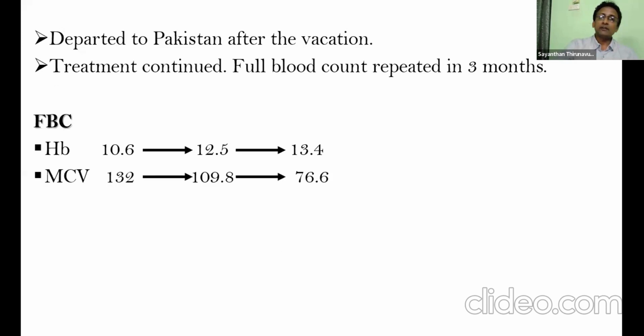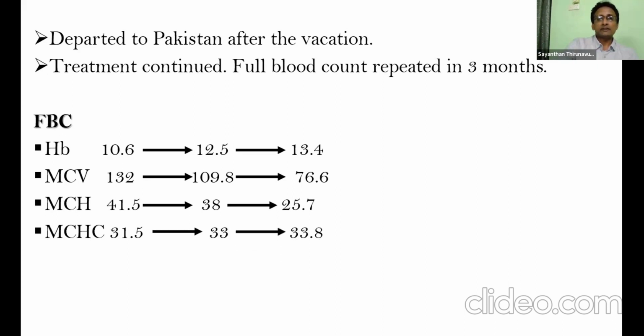MCV 132, 109, and now fairly normal, within the normal limit, a little lower than that. MCH again is in the normal limit, MCHC more or less upper limit of normal, and RDW is within the normal limit.